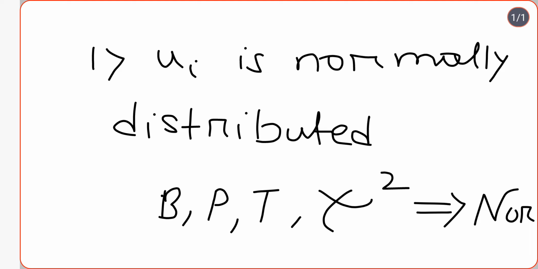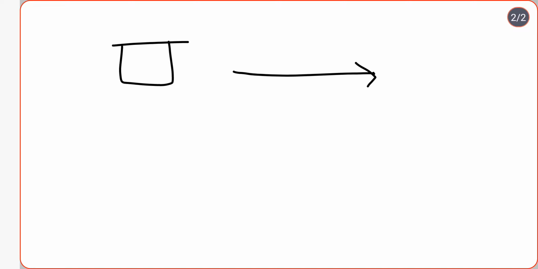So if any particular data set is given to us, we have to check whether the data is normally distributed or not, because before checking this, we can't apply CLRM or OLS to that data. If I have to apply OLS or CLRM to a particular data, then that data must satisfy the condition of normality.